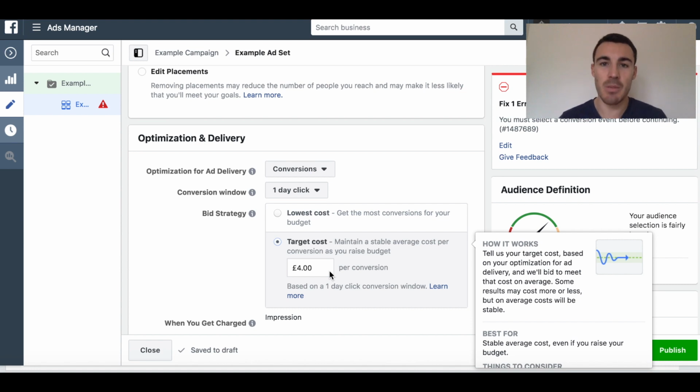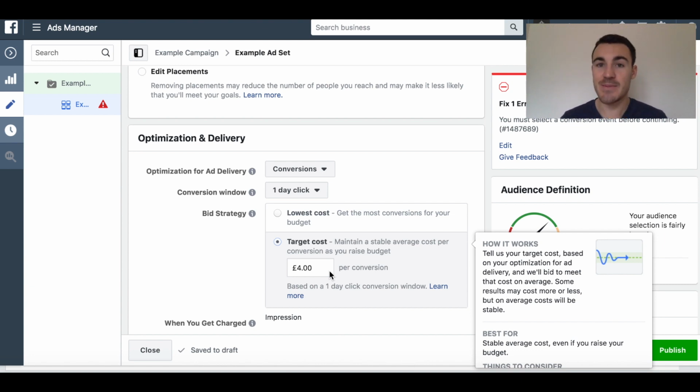Now, this has to be somewhat realistic. If conversions usually cost you $10, you can't set a $2 target cost. It won't really mean anything. But with target cost, your cost per conversion is likely to be higher early on, but they will try and maintain a more stable cost per conversion if you run your campaign for a long time or if you scale. So that's the positive and negative.